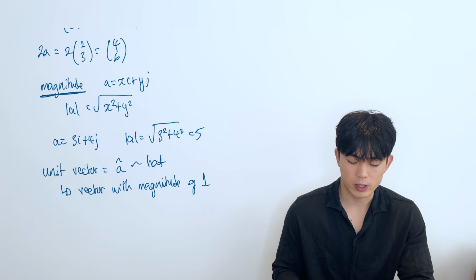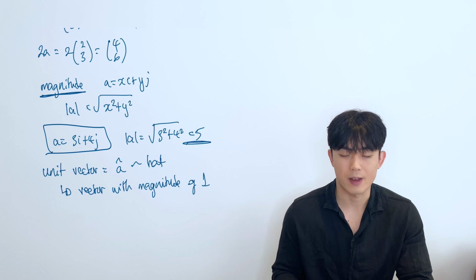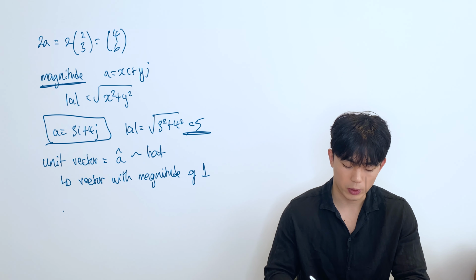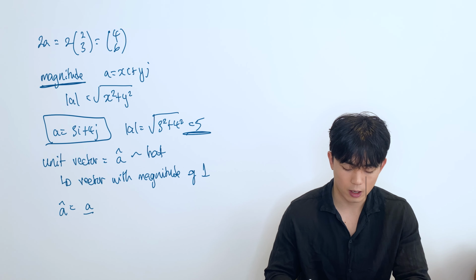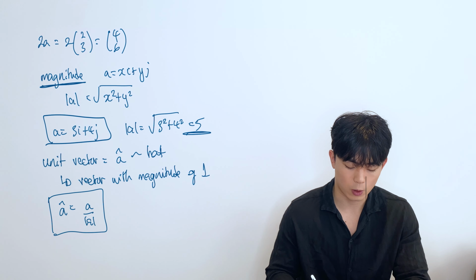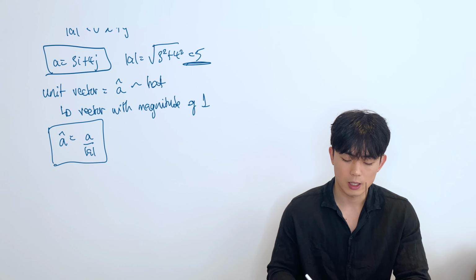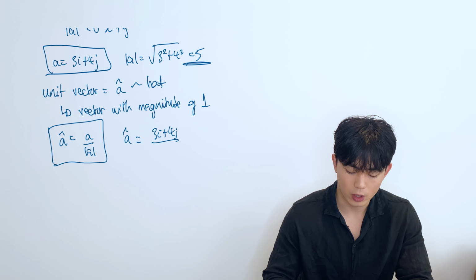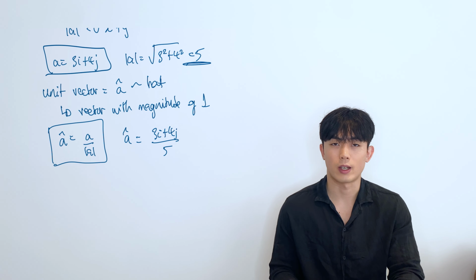So you can see in the previous example here, this had the magnitude of 5, right? So we can find a unit vector of A, which has a magnitude of 1. And the way we do that is A hat is equal to A over the magnitude of A. This is the equation to find the unit vector. So in this example, A hat is going to be 3i plus 4j over the magnitude, which is 5, like this.